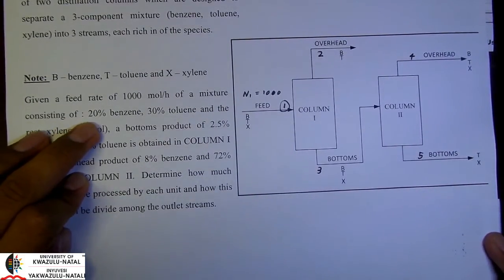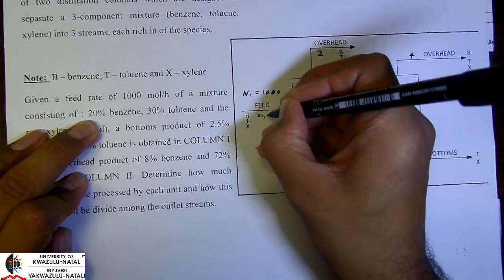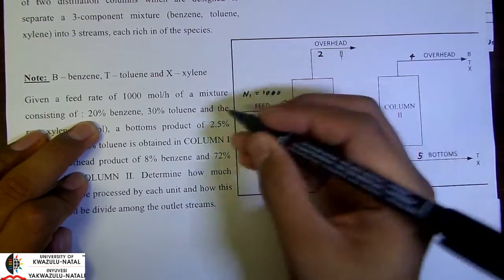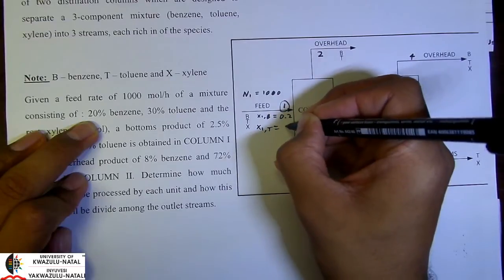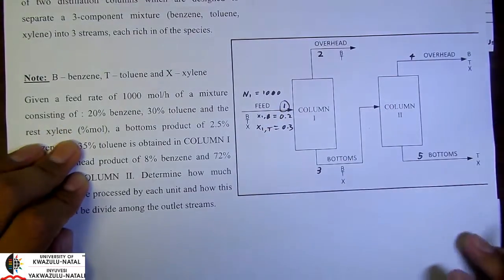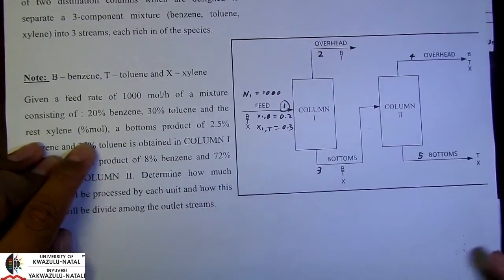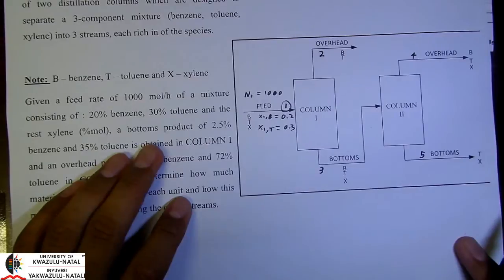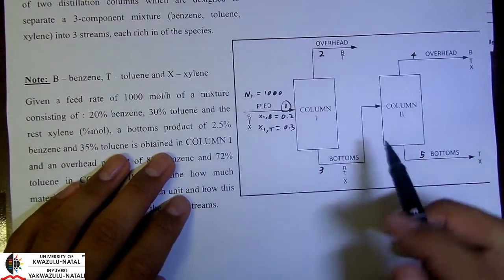We are given X1B, for example, to be 0.2, and X1T is 0.3, and of course the rest will be xylene. That's a dependent variable at this point. We are not told anything about the flows of the overhead and the bottoms of this first column.